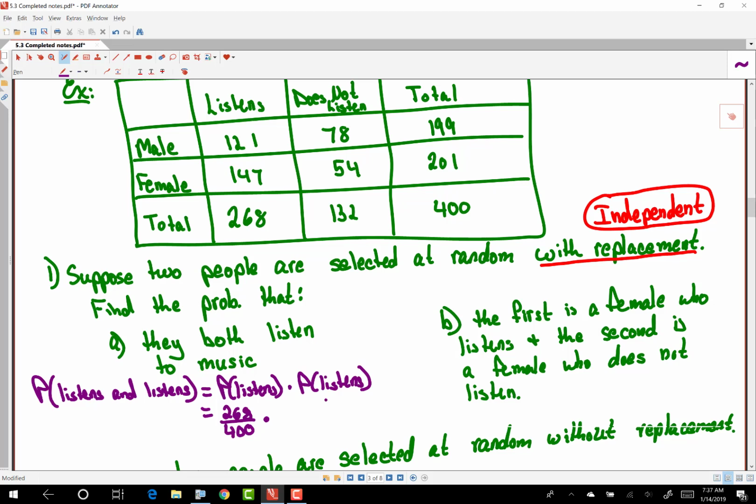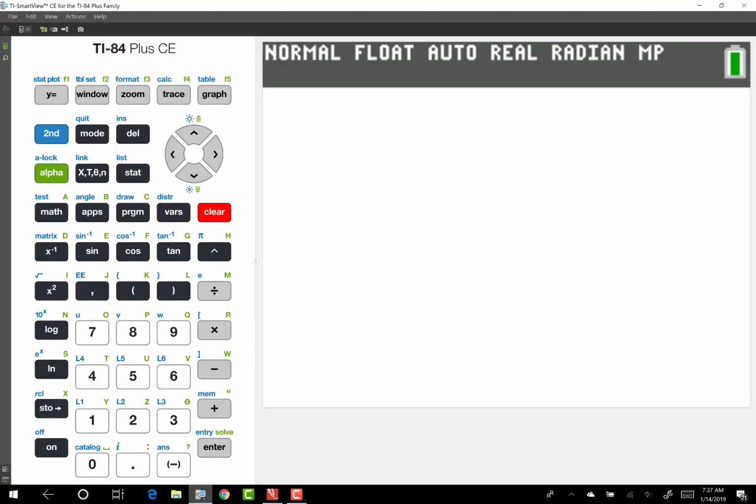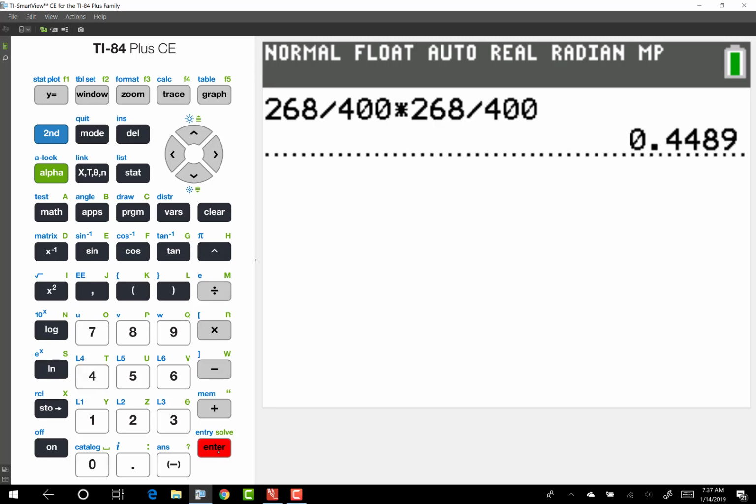So the probability that the second person listens is also 268 out of 400. And so if we calculate this, we're going to have 268 out of 400 times 268 out of 400, and we get 0.4489.